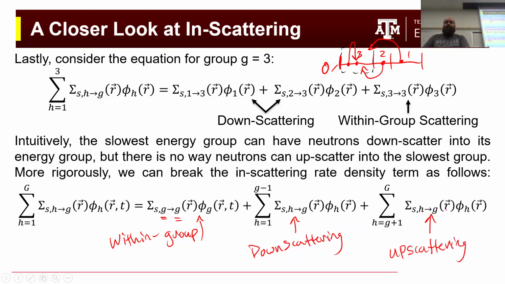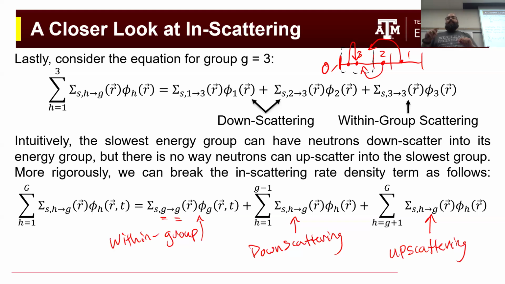If you remember seeing this kind of term before, describing this as downscattering, this as upscattering, hopefully now thinking about it from a 3-group model makes it easier to understand why we give them those kinds of definitions.